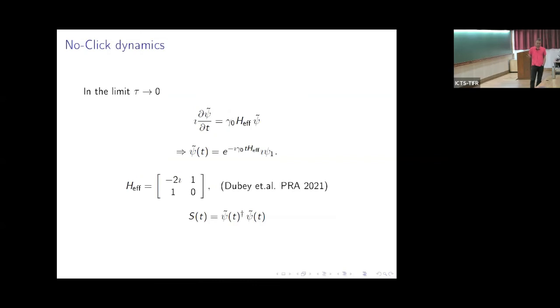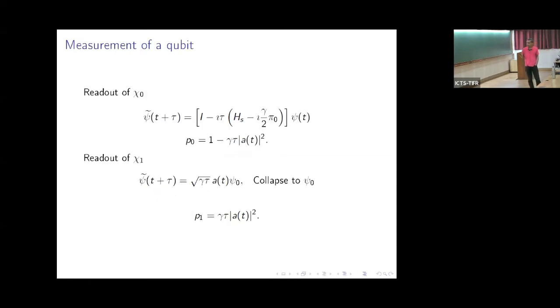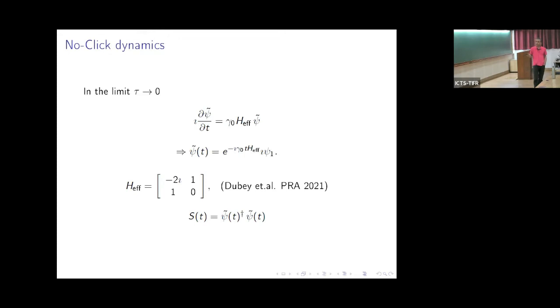Now, in the limit tau going to 0, we have shown in an earlier paper that the unnormalized state evolves according to this, as long as the readouts are always chi0. So we always read chi0. As long as that happens, then the evolution happens in accordance with this equation, which can be solved using exponentiation of this matrix.